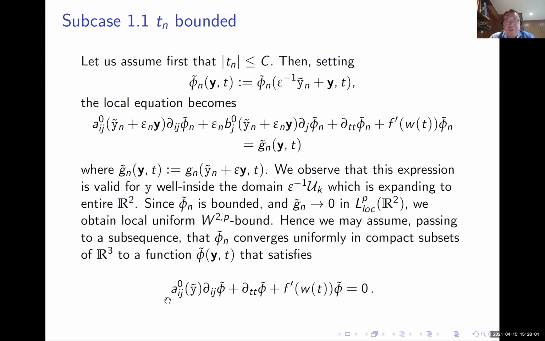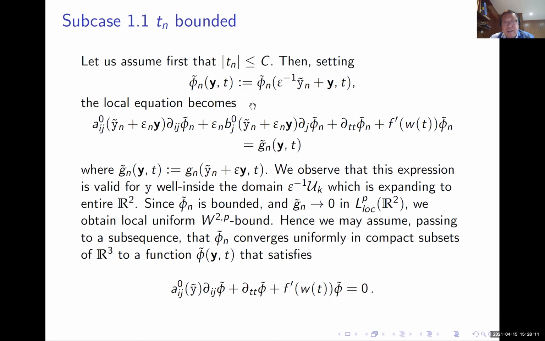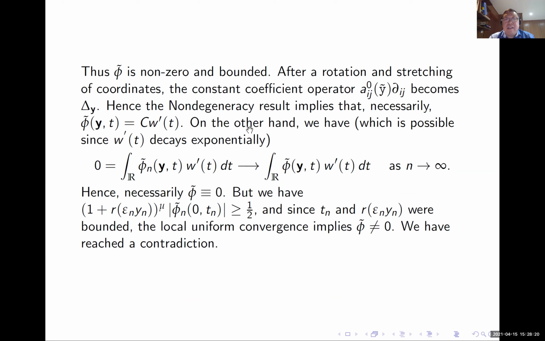By some rotation and stretching, this will just become the Laplace, but then this is a problem in R3, right? And by the non-degeneracy result, we already proved the non-degeneracy.